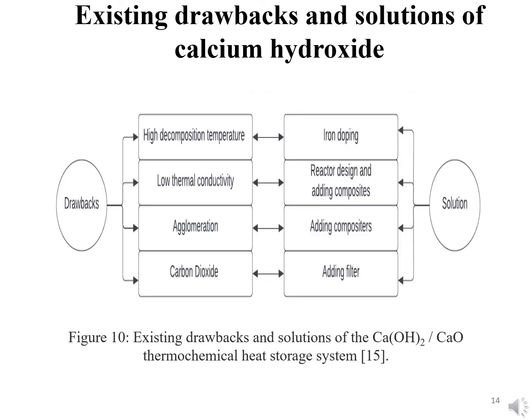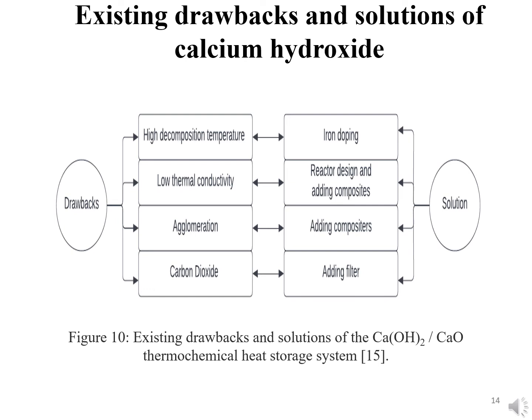To sum up the topic of calcium oxide and calcium hydroxide, we also need to discuss the existing drawbacks and solutions of calcium hydroxide. After researching, we came to know that drawbacks such as high decomposition temperature, low thermal conductivity, formation of agglomeration, and the problem of carbon dioxide were seen, and proper solutions were given.